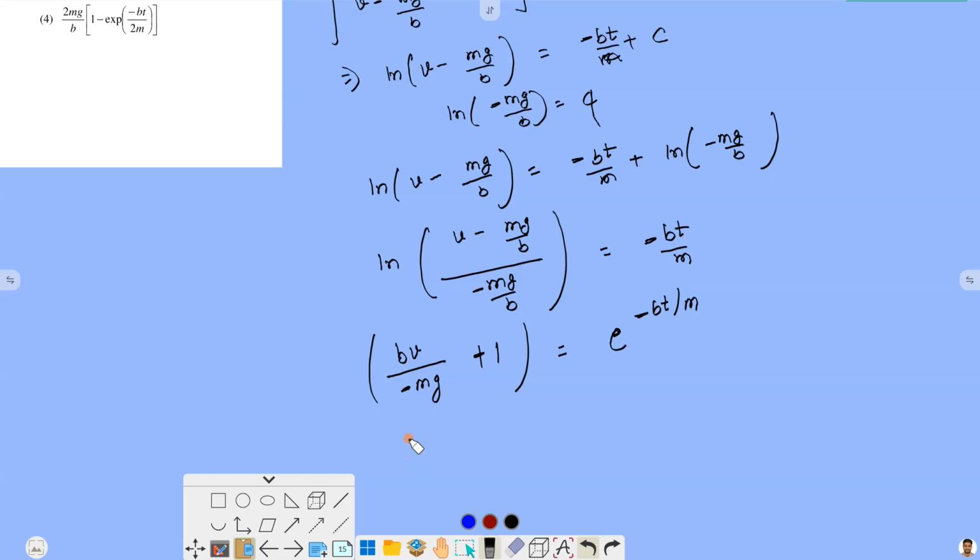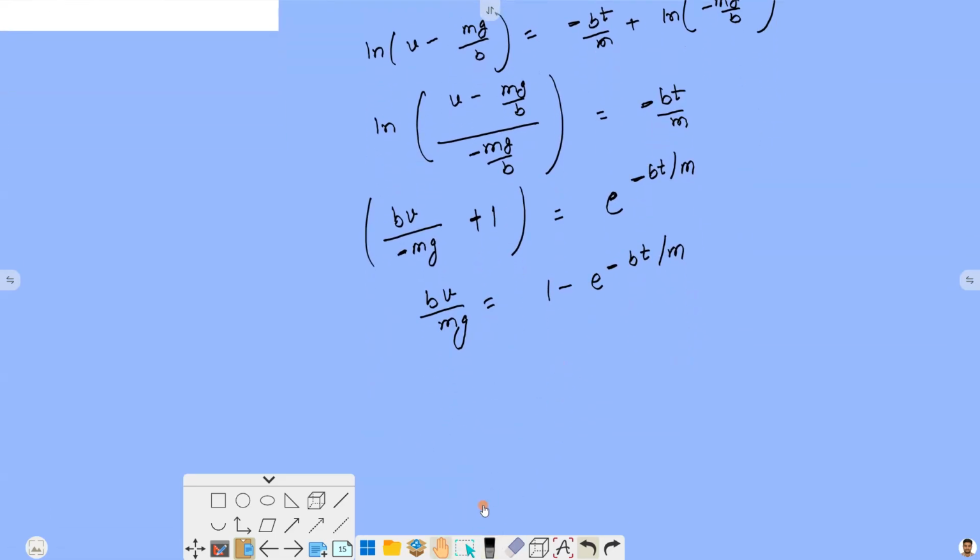Now this can be written as bv by mg is equal to 1 minus e raised to power minus bt by m, and from this I can write that velocity is mg by b into 1 minus e raised to power minus bt by m.